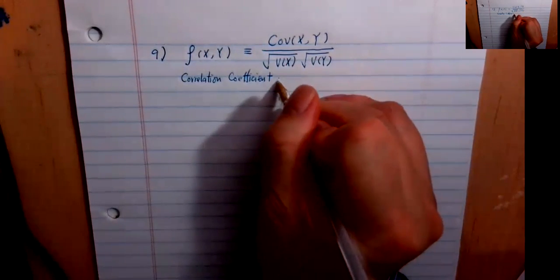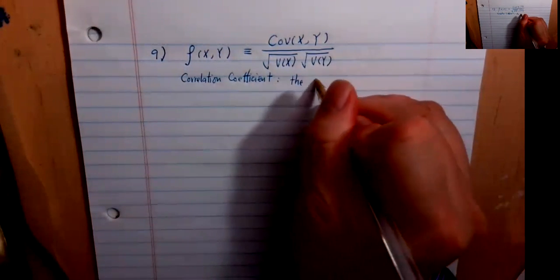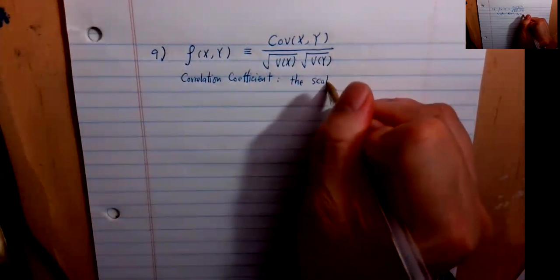It is defined to be covariance of x, y divided by standard deviation of x times standard deviation of y. So this is the correlation coefficient. What is a correlation coefficient? It's the scaled version of covariance of x and y.